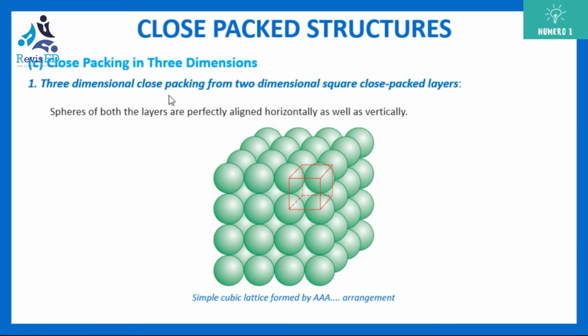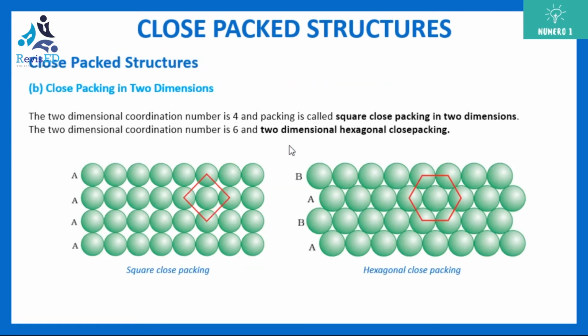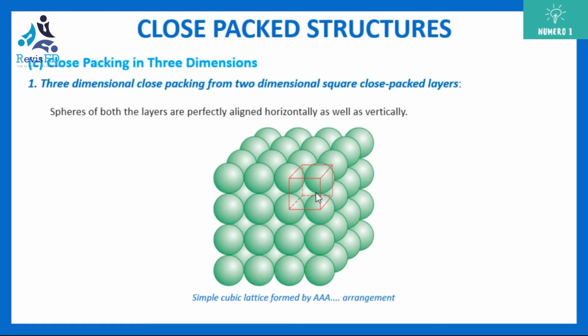Let's go to three-dimensional close packing. Now focus on this, that is your A square close packing. If you place another layer on top of it, don't you think you will get this type of structure? This is your layer A. Another layer, the same, which is this one, A layer. So this is also a simple cubic lattice which is formed by A arrangement.